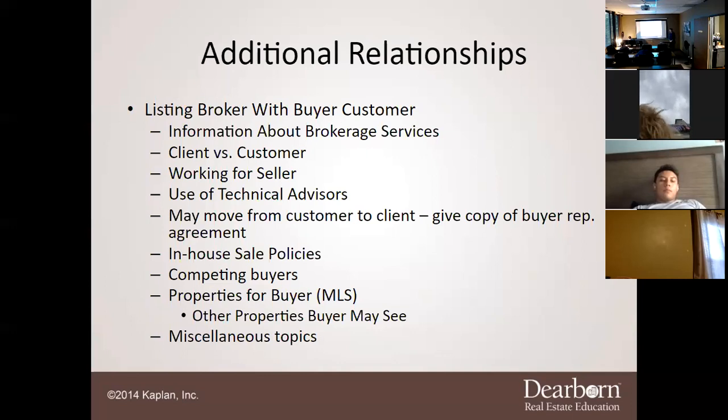Client versus customer, we've talked about that multiple times. Just know the difference between those two. If you're working for the seller, or if you use any technical advisors, and you may move from customer to client if you give them a copy of the buyer rep agreement. Well, they got to have an agreement to be a client. Any in-house sale policies, any competing buyers, any properties for the buyer on the MLS, other properties that the buyer may see as well, not on the MLS, and any miscellaneous topics.